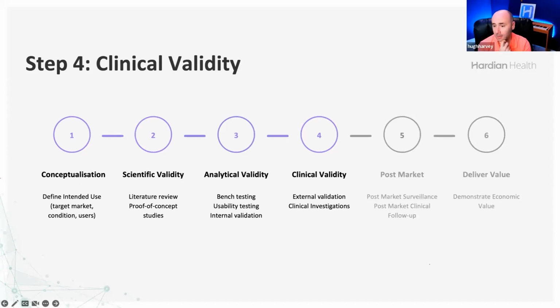Thanks, Ankit. I'm going to jump to the chat. We have a question from Lisa Skerry. Should the early feasibility study be an HRA-approved research study? The answer to that is only if you are using real patient data that's not anonymized, that you might need ethical approval for.